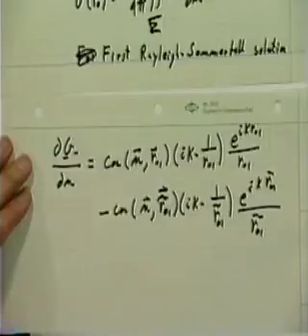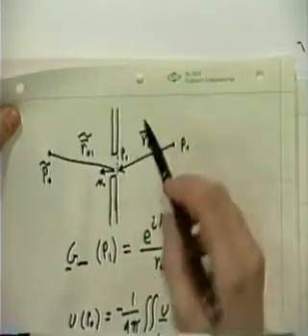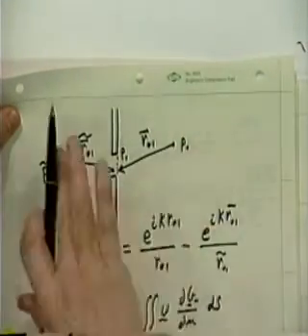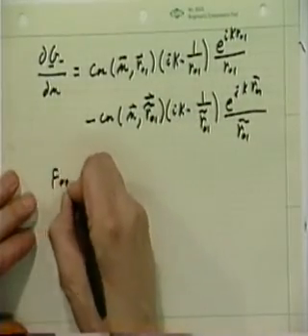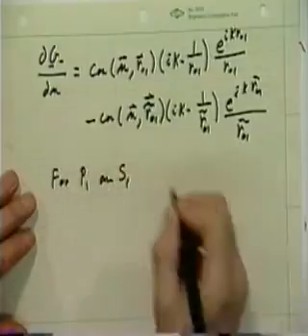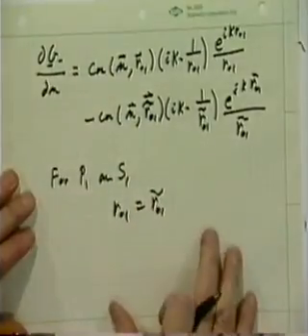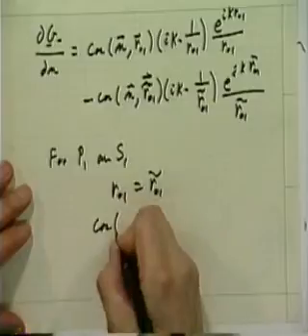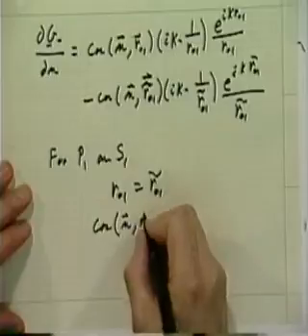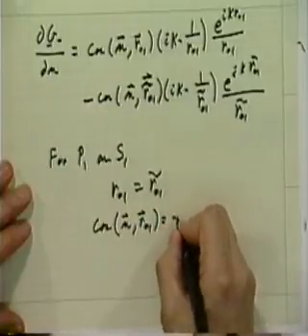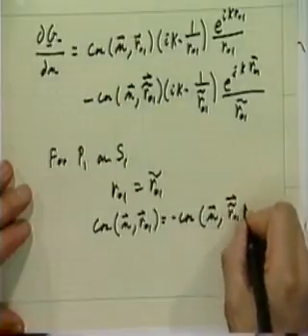And if we go then to a point on this surface here, these lengths are going to be the same since one is a mirror image of the other. And so for P1 on the surface S1, R01 is R01 tilde, the length of it here. And the cosine of n, R01 is minus the cosine of n, R01 tilde.